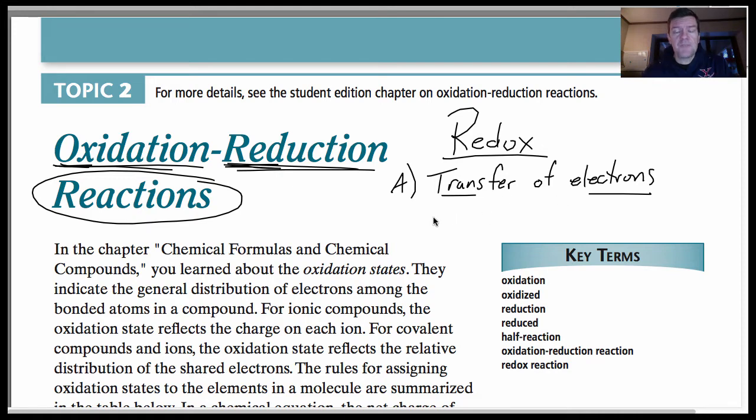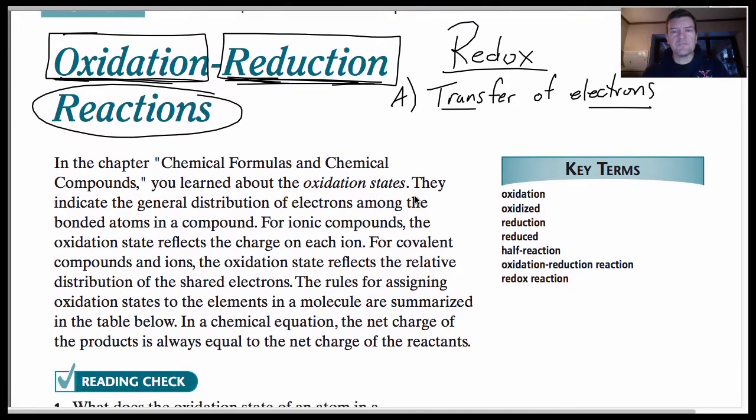and then be able to note whether there was a transfer of electrons from something to something else. Okay? By the way, a redox reaction, there's two parts. There has to be the reduction part and there has to be the oxidation part. So one of them is where the electrons are lost, and the other one is where the electrons are gained. Okay? So I'm just going to give that to you right now, and I'll show you how that plays out later on. All right?